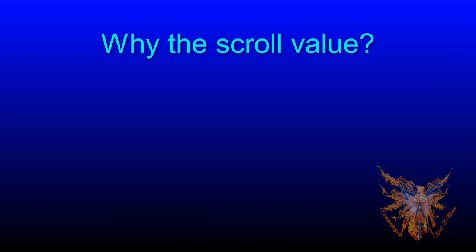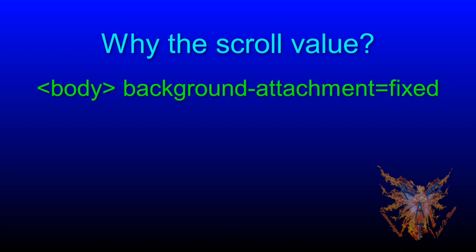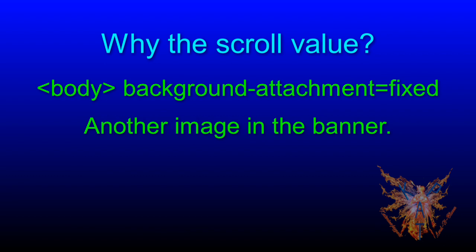Why have the value scroll, since it is the default value? Because of inheritance. Remember. Suppose you define the background image of the site, so for the body tag, as a fixed image. And you have other images as background of certain frames, like in our banner.